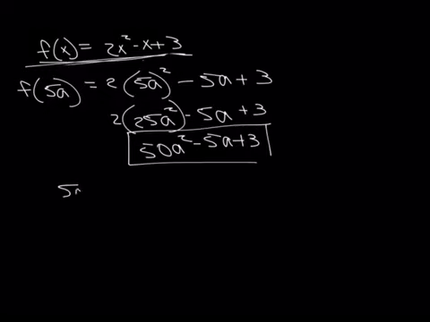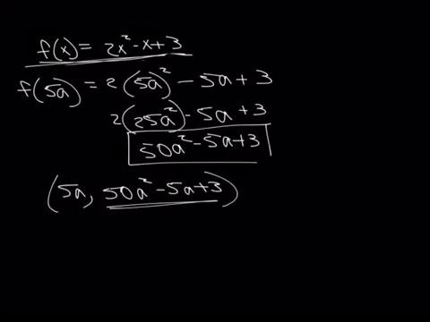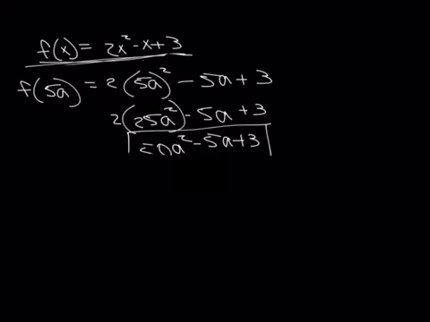So when my x is 5a, my f of x is 50a squared minus 5a plus 3. So can't really graph that, can we? But that's okay. As long as we did it right, we're good to go there. All right, so let's erase this and keep going.